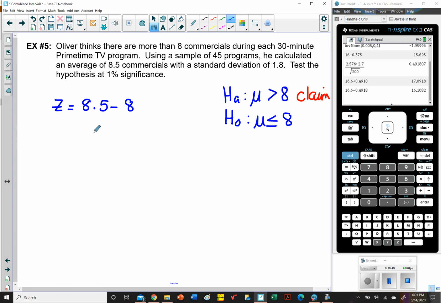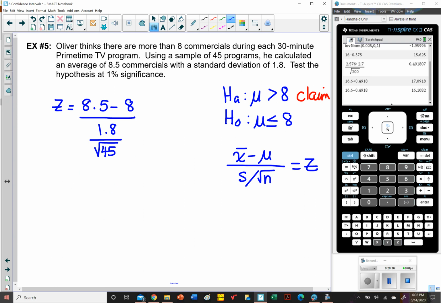And then we're dividing by the standard deviation, that's 1.8, divided by the square root of the sample size, 45. So we said that formula was x bar minus mu divided by s over the square root of the sample size. That's our z statistic.